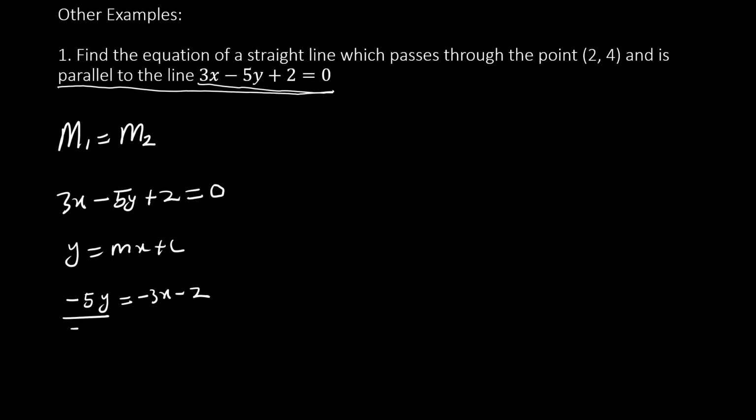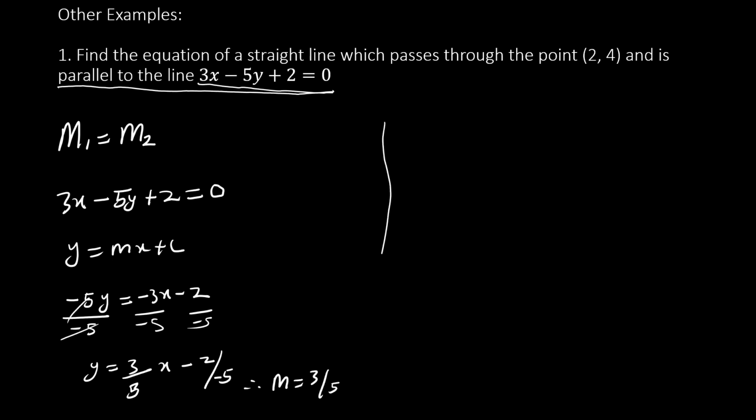Dividing through by minus 5, we have y equal to 3 over 5x minus 2 over negative 5. So therefore we have m equal to 3 over 5. This is our m1, which equals 3 over 5.